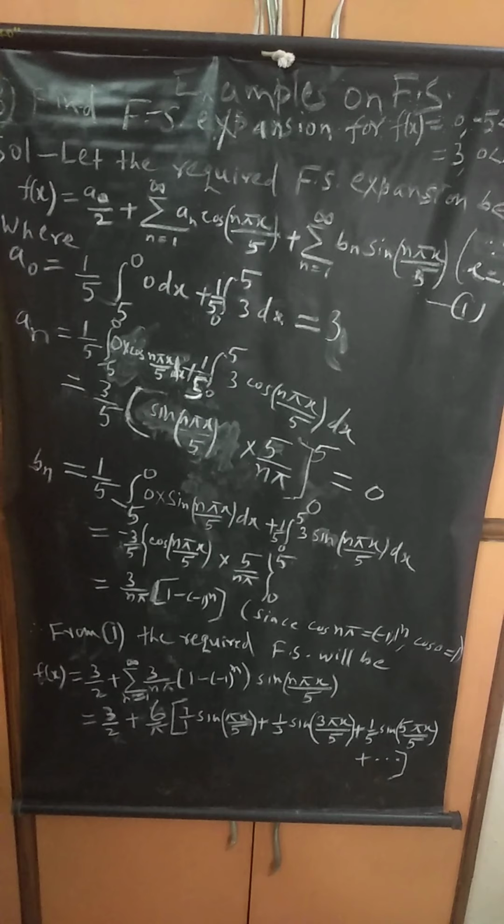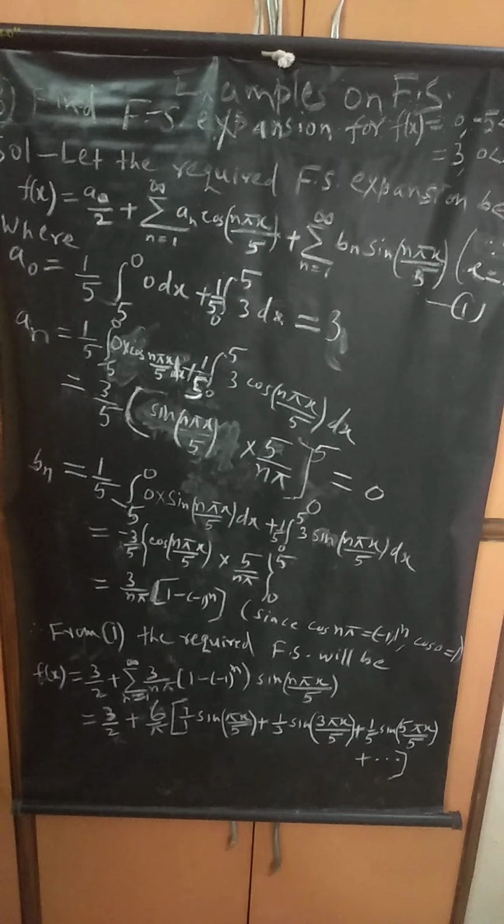The first integration is already 0 because f(x) is 0, so we only evaluate 1/5 integral from 0 to 5 of 3 dx. Its value comes out to be 3, so a0 is 3.